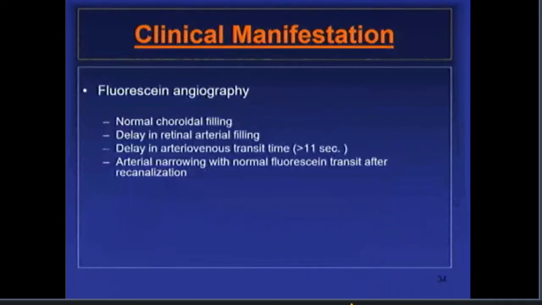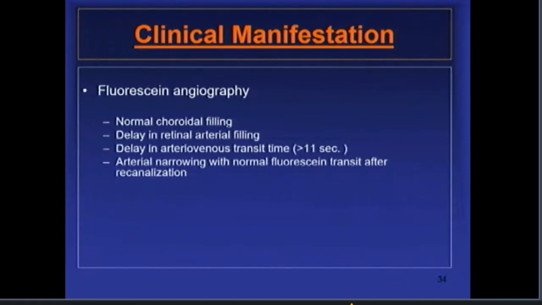Fluorescein angiography usually shows normal choroidal filling, because most of the inner retinal layers are supplied by the central retinal artery, while the choroid supplies the outer retinal layers. There is a delay in the retinal arterial filling and a delay in the arteriovenous transit time of more than 11 seconds, and arterial narrowing with normal fluorescein transit after recanalization.